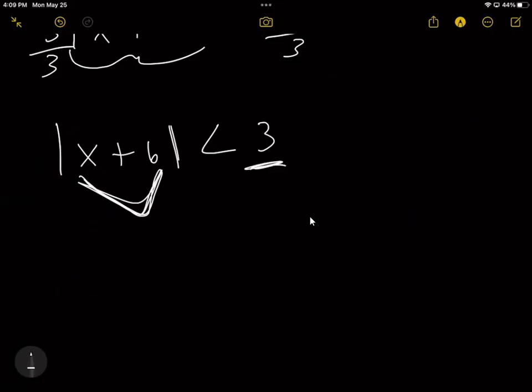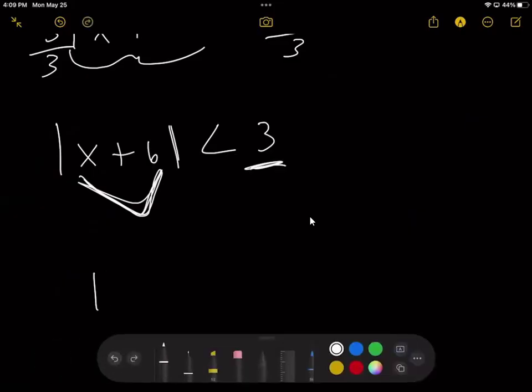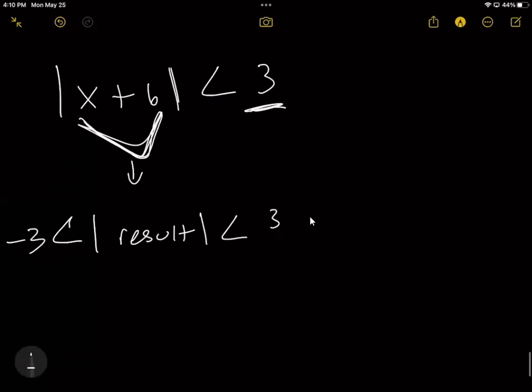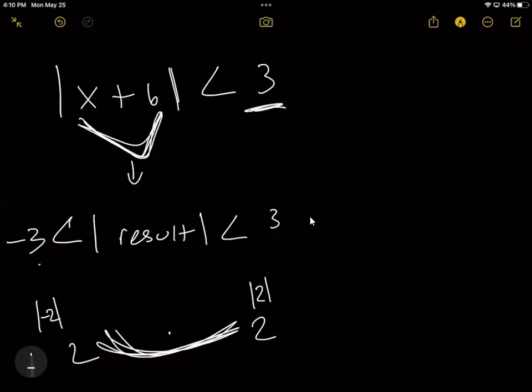So the result of this x plus 6 must be less than 3 and greater than -3, because an example value of -2 and an example value of 2 would both result in 2, which fits inside the -3 to 3 range.